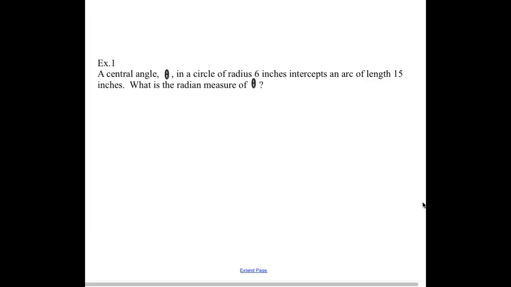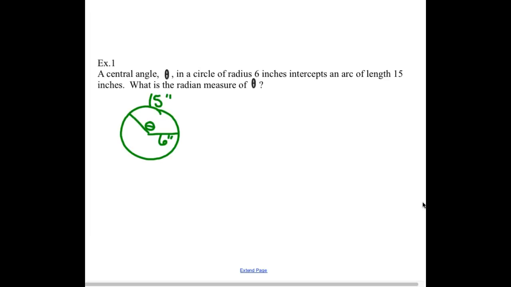All right, it says a central angle, theta, in a circle of radius 6 intercepts an arc of length 15 inches. What is the radian measure of theta? Okay, so we have a circle that has a radius of 6, and the central angle theta intercepts an arc that's 15 inches.